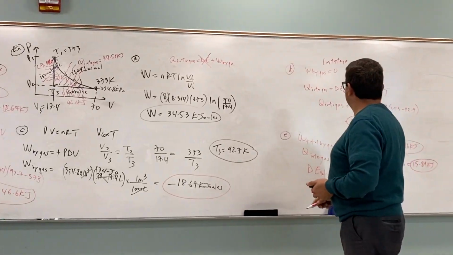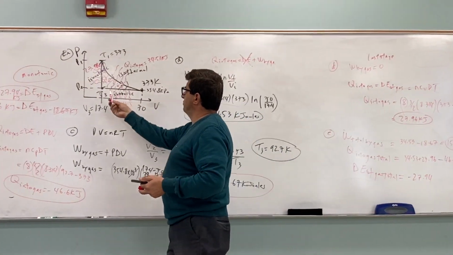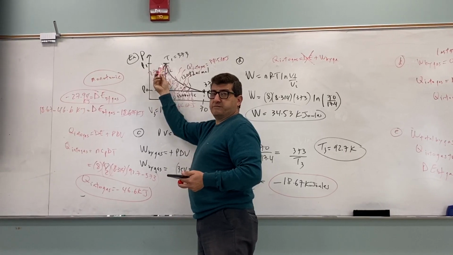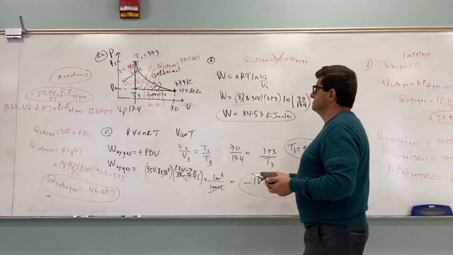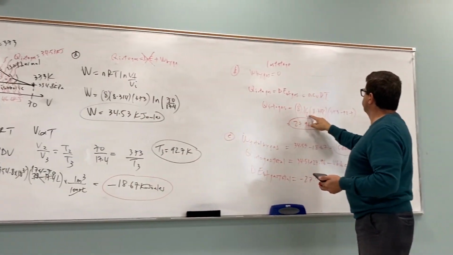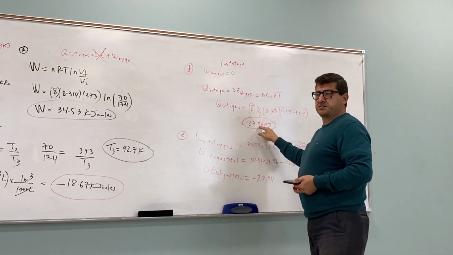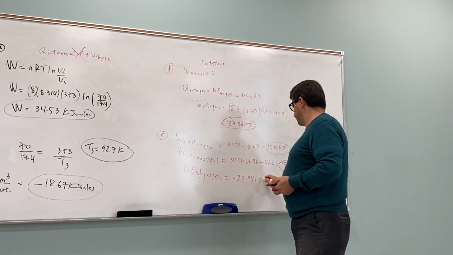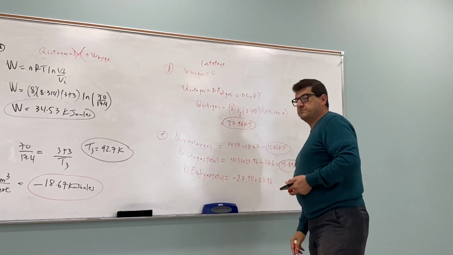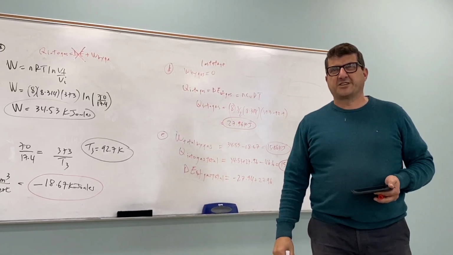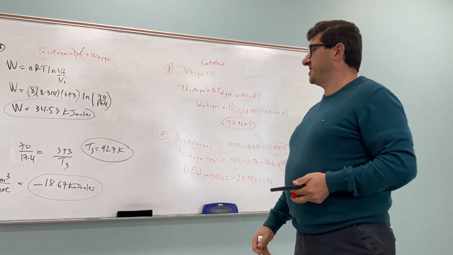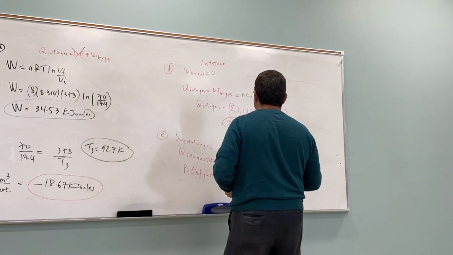Okay, and then what was the change in energy in the isovolumic? 27.96. Actually, it's a rounding error. If you did it right, what should happen?